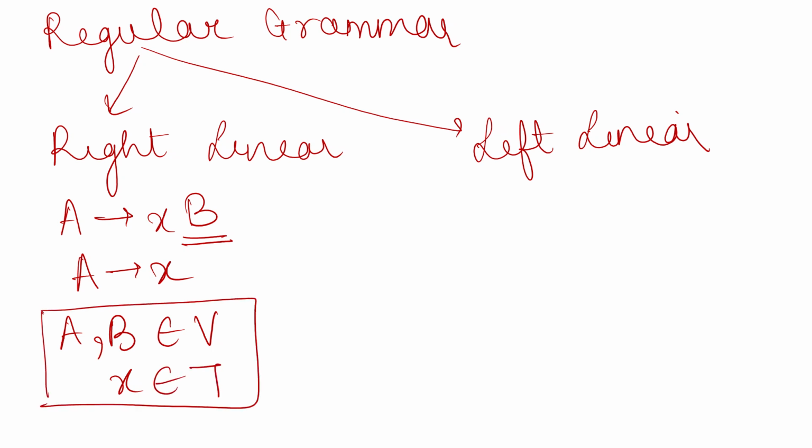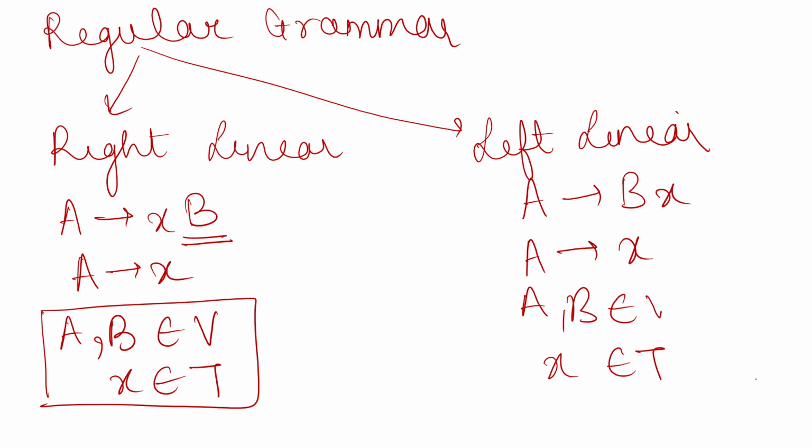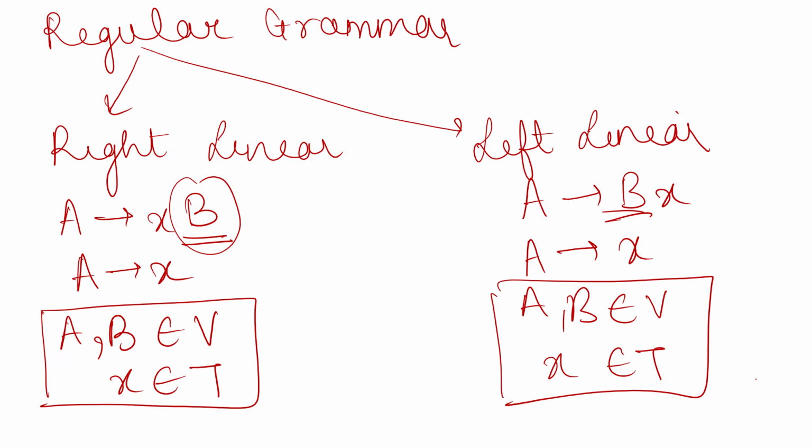A grammar is said to be left linear if all the productions are of the form A tends to BX or X, where X is a terminal and A and B are variables. You can remember it by where the capital variable is: on the right for right linear, on the left for left linear, and the terminal on the opposite side. This is the basic difference.